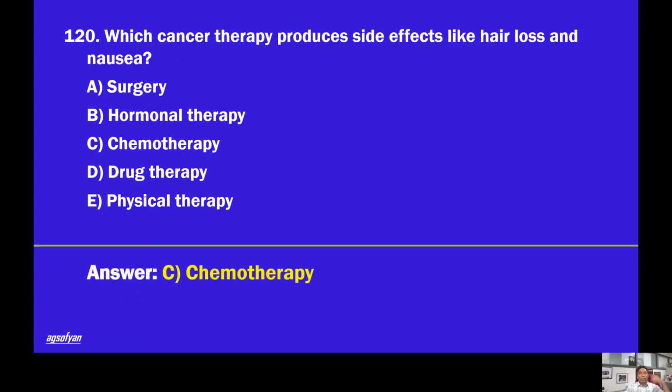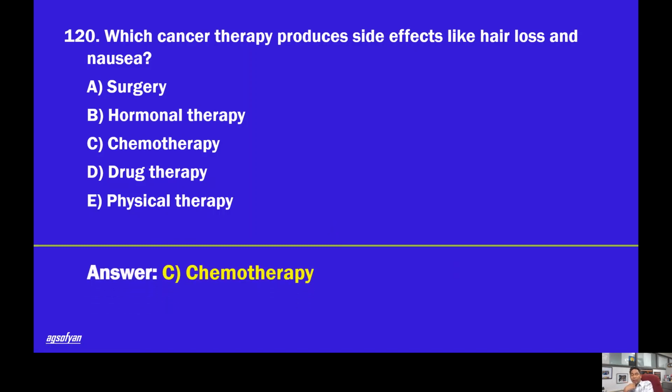120. Which cancer therapy produces side effects like hair loss and nausea? Surgery, hormonal therapy, chemotherapy, drug therapy, or physical therapy? Choose your answer. Yes, the answer will be chemotherapy.